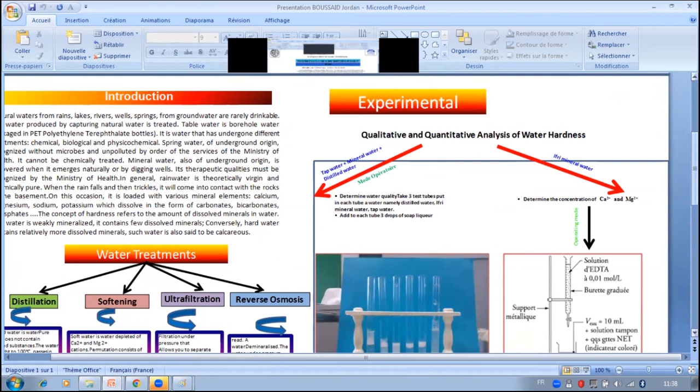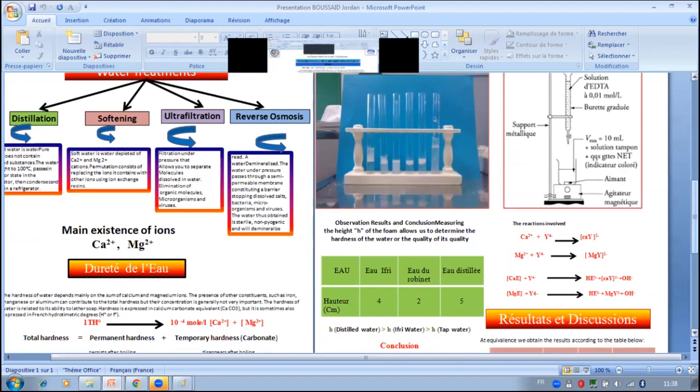Add to each 3 drops of liquid soap. The observation results and the conclusion: measuring the height of the foam allows us to determine the hardness of the water or its quality.